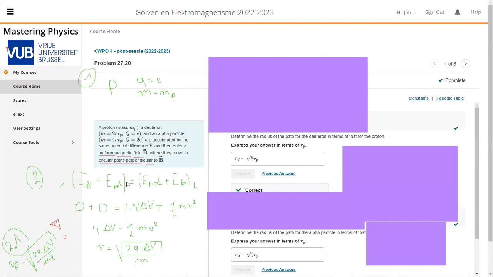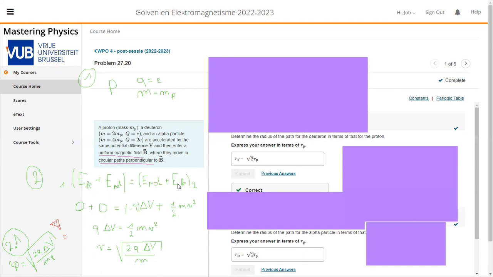So 0, 0. Then I put this equal to the second situation, where the particles are accelerated by the same potential difference. It means the moving situation was in the same situation as the potential difference.